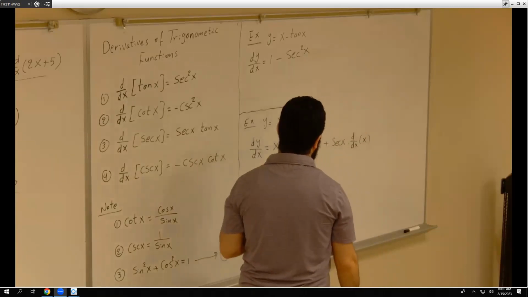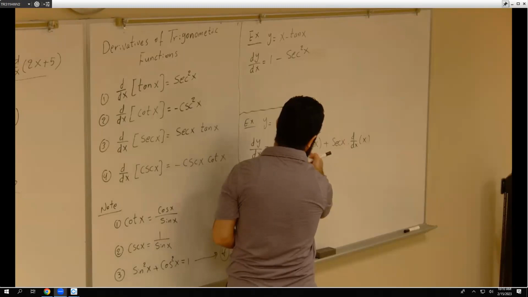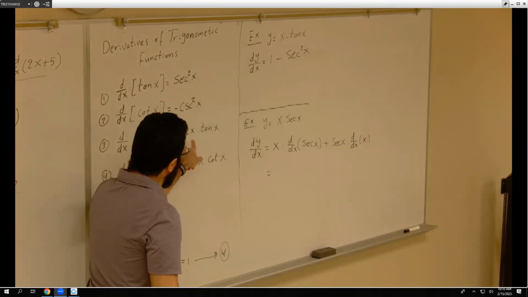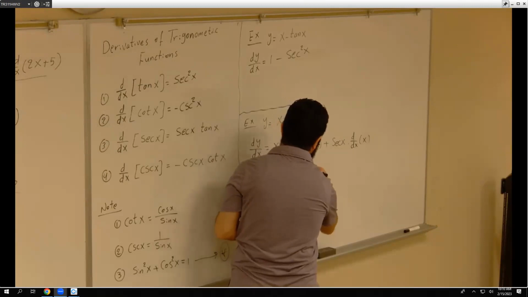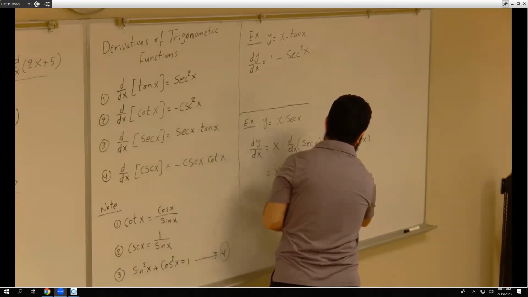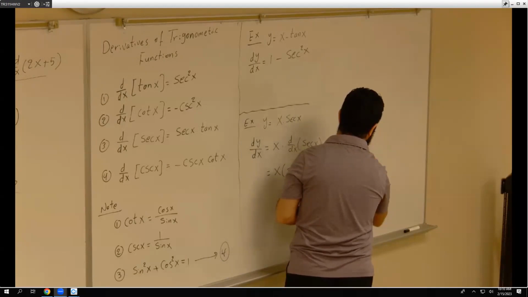You see, we use the product rule. So the derivative for the secant x is going to be secant x tangent x. That means x times secant x tangent x plus here's secant x, the derivative for the x is going to be times 1.